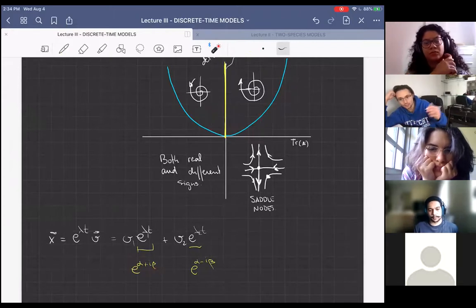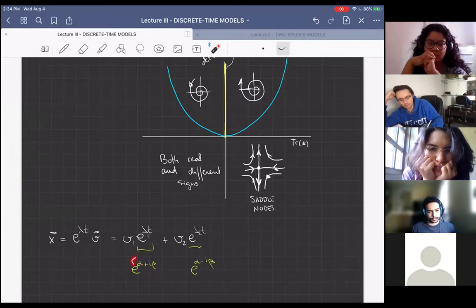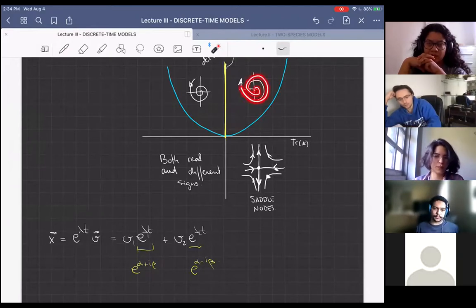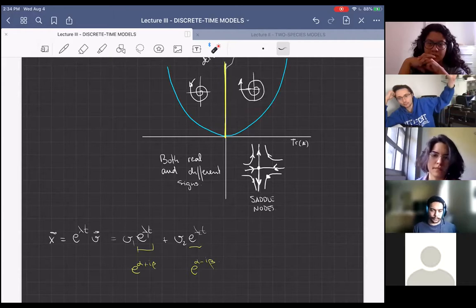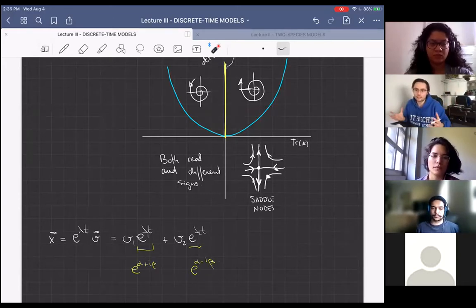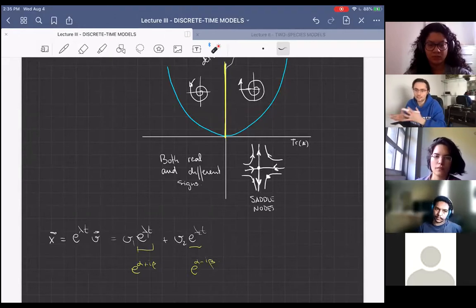So I have oscillations, and I have an exponential either decay. If alpha is negative, it's a decay, and if alpha is positive, it's an exponential growth that is going to tell me that I move away from the fixed point. So the exponential, instead of damping my solution, is making the amplitude of the oscillations increase, and my solution diverge. It's kind of an unstable spiral. The other one is a stable spiral.